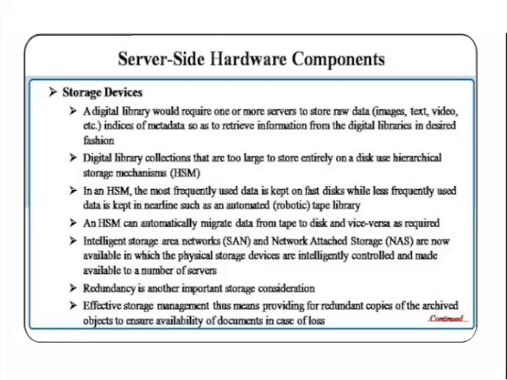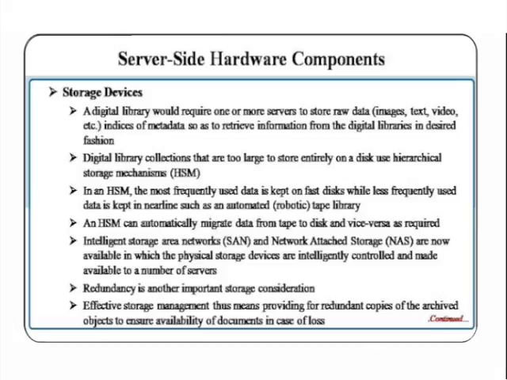In HSM, the most frequently used data is kept on fast disk, while less frequently used data is kept in nearline storage such as an automated tape library. This tape library can be robotic. An HSM can automatically migrate data from tape to disk and vice versa as required.